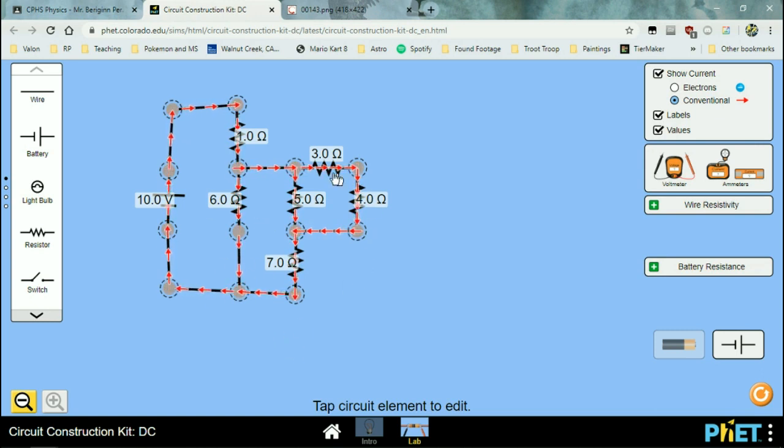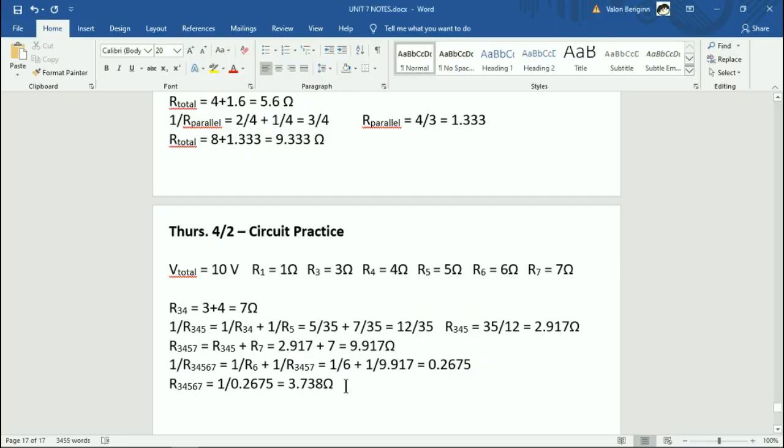And therefore all of these is now in series with the 1. Right? Because I have to pass through the 1, and then I do something with this whole thing. And again, this whole thing is what I just figured out, the 3.738.